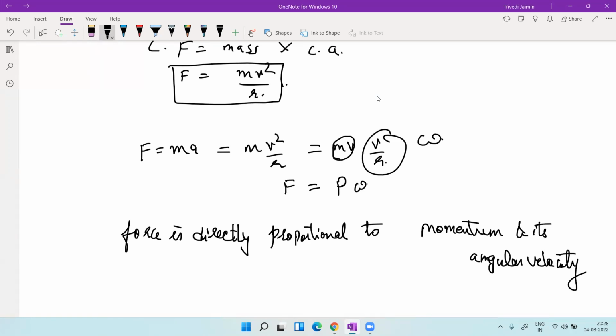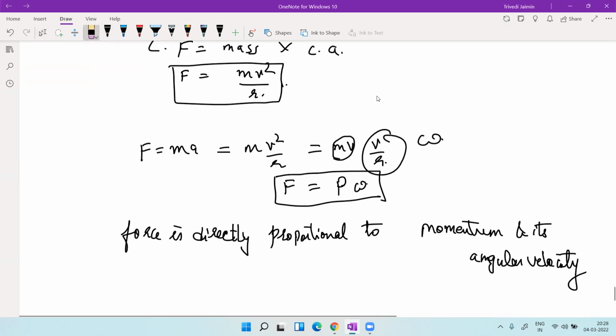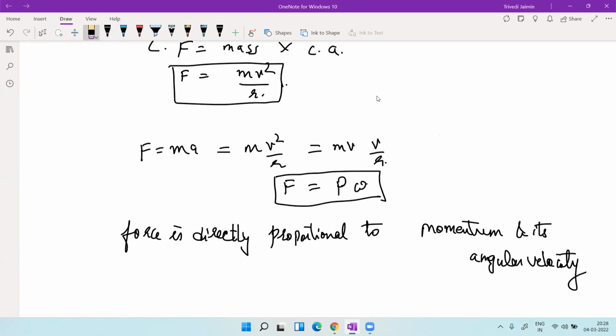So F equals P omega. Where P, we know what is P? M into V. P equals M into V.